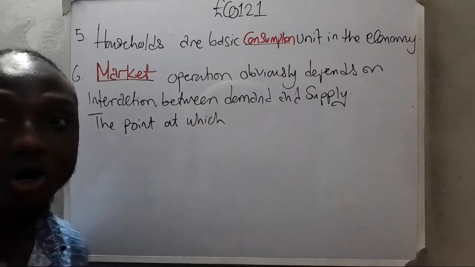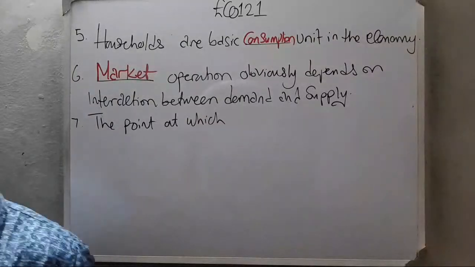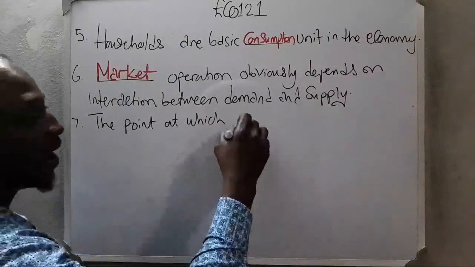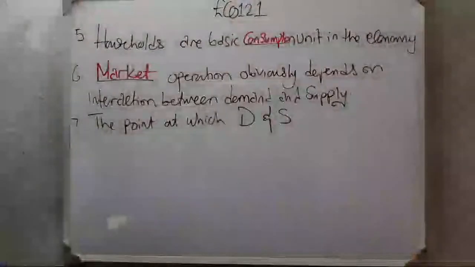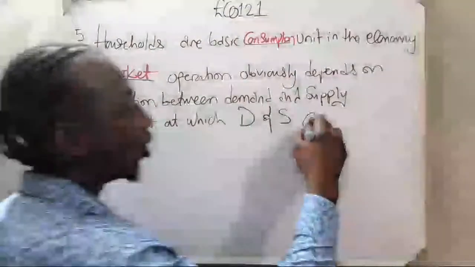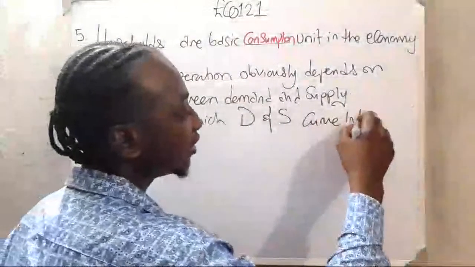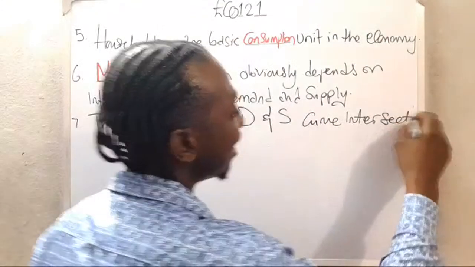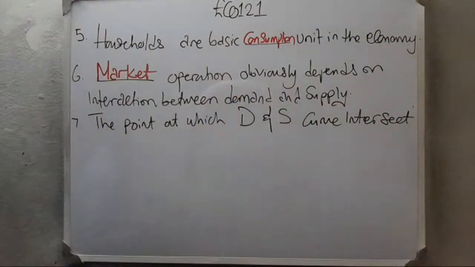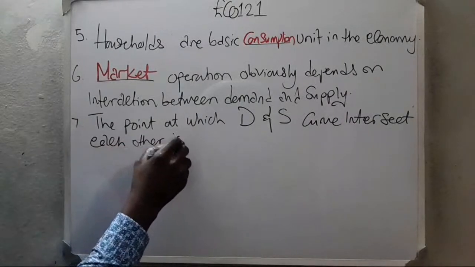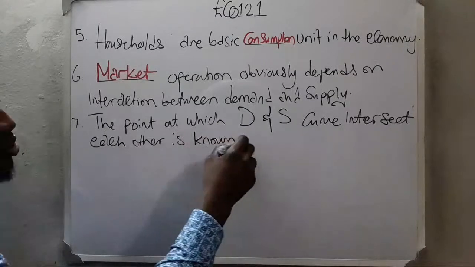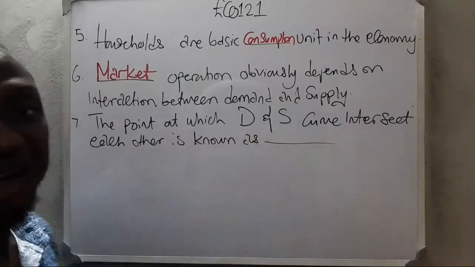The point at which the demand and supply curves intersect each other is known as dash.